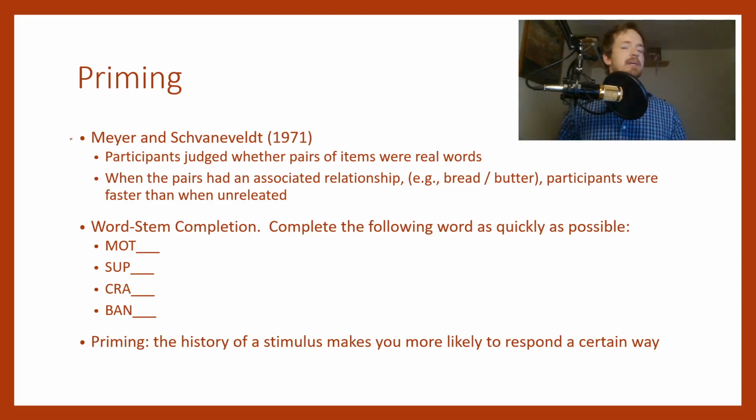But the curious thing that happens is whenever you have two words that are associated in one way, responding tends to be faster. People are faster whenever those two words are related in some way. And we talked about that in terms of the spreading activation model of memory, right? So the textbook goes into a little bit more detail this time about the spreading activation model here.